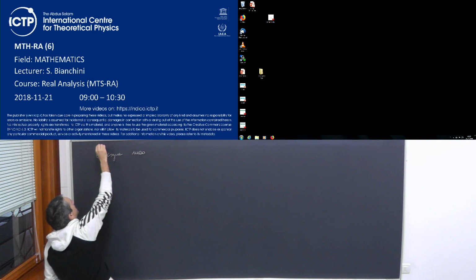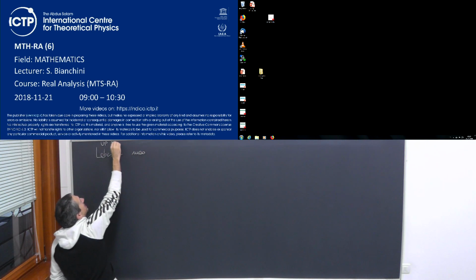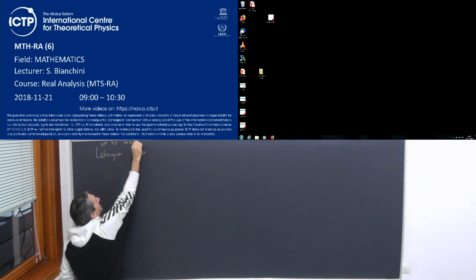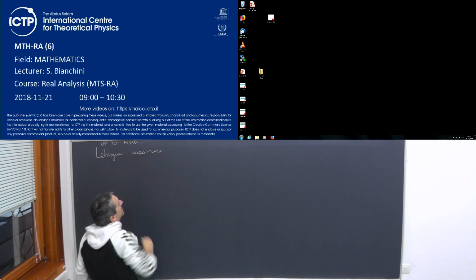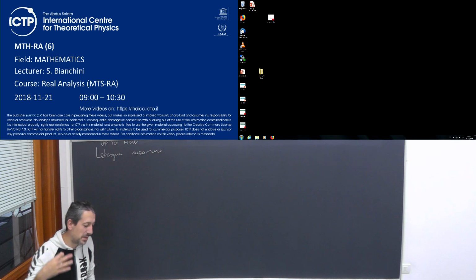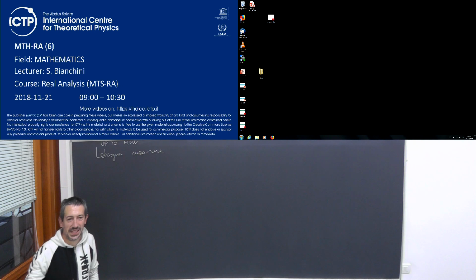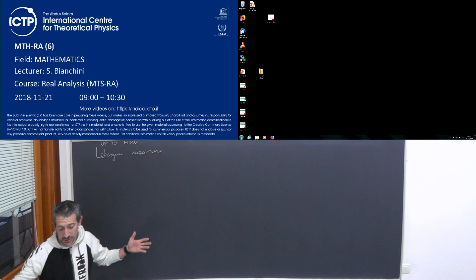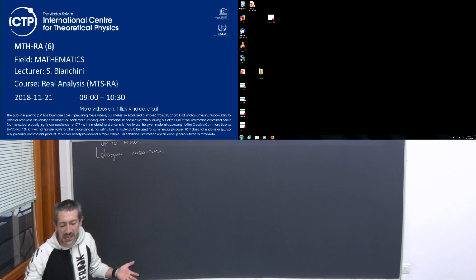So let's say, up to now, what we know. If you remember the scheme, the Lebesgue measure is built by, well, we know how to give a measure to a union of disjoint intervals. And that gives the outer measure, because you take the infimum: you give me any set, and you find the infimum of the measure of open sets which contain that set.